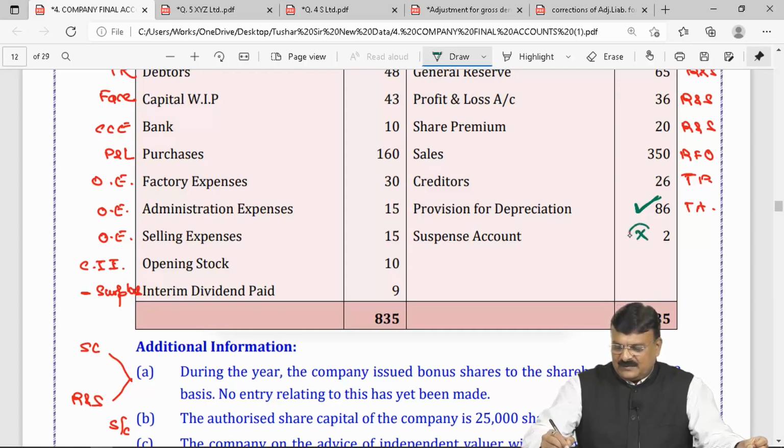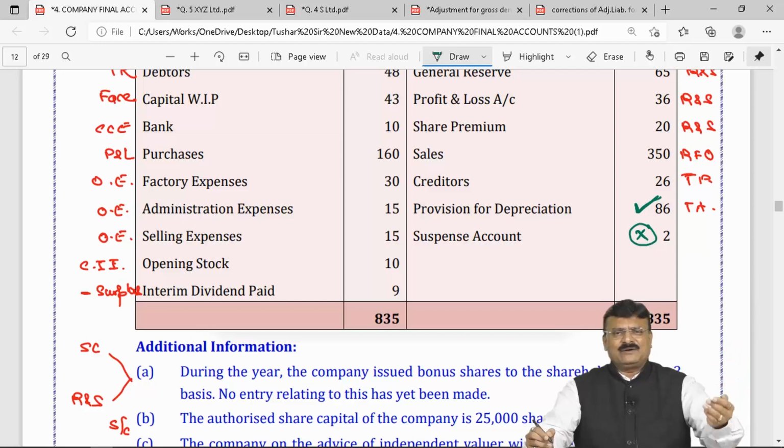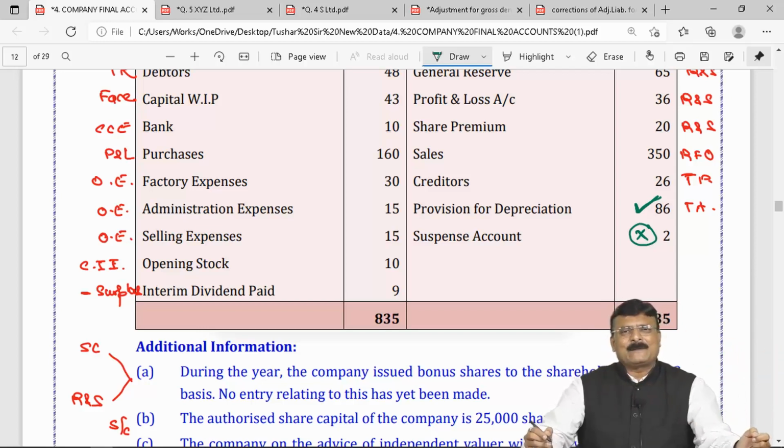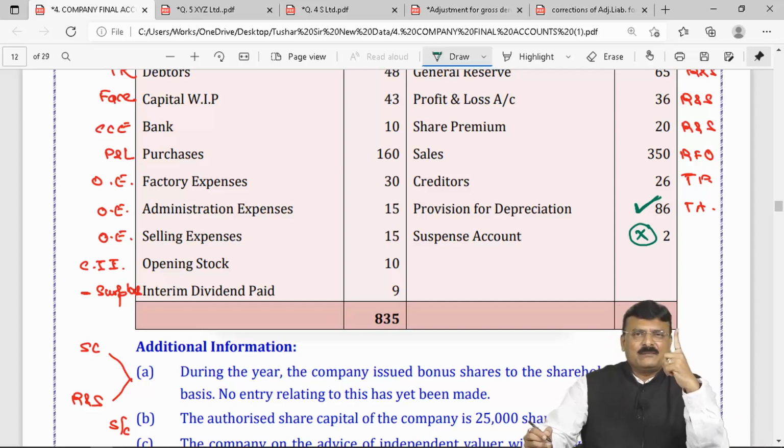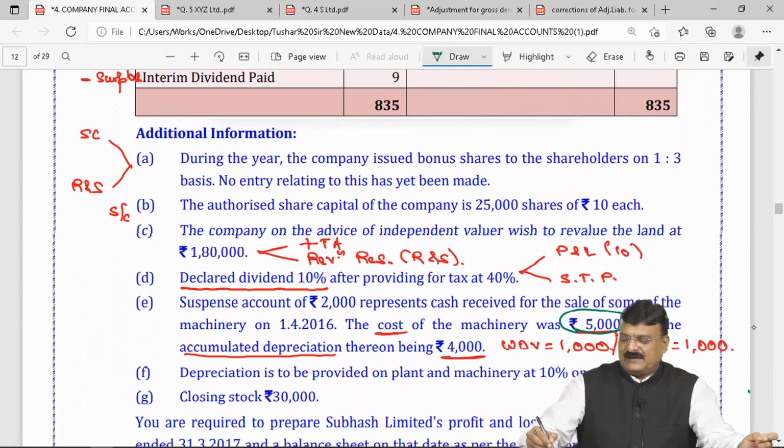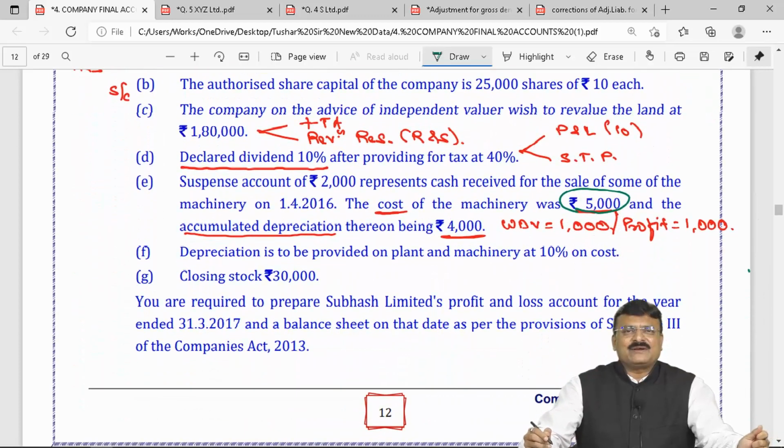This suspense account will now be nullified. It will not affect our solution because that suspense 2000 was cash received, whose net effect we are giving now. So first effect, less from cost, second effect, less from provision, and last effect 1000 profit on sale of machinery. That will go to definitely our exceptional items.